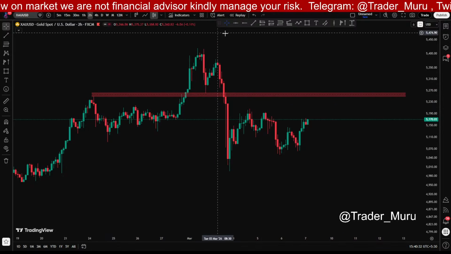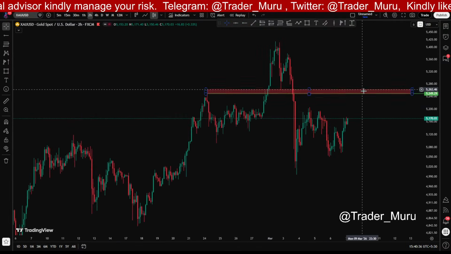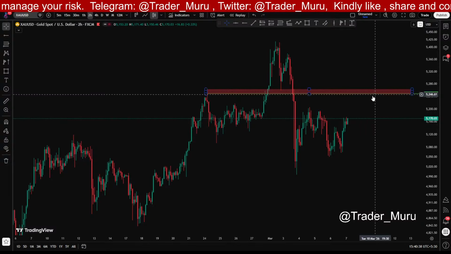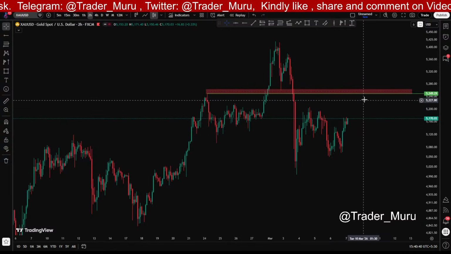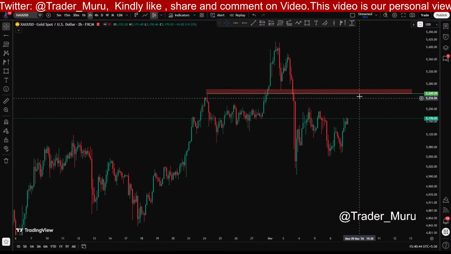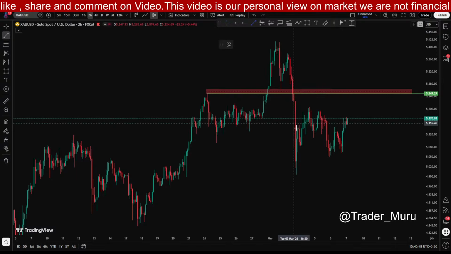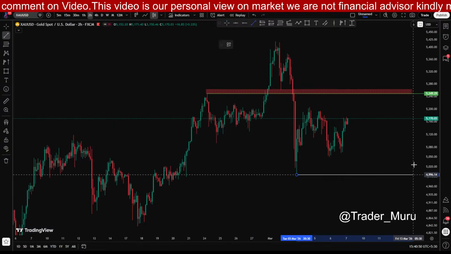And actually it is also aligned with our QML2. So this area will be a major resistance, as I said. If this flips, we will be watching for long. If this fails to get flipped and we get a rejection from here, we will be watching for a lower low formation.